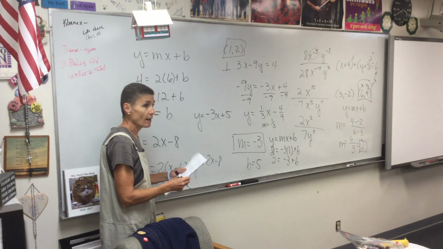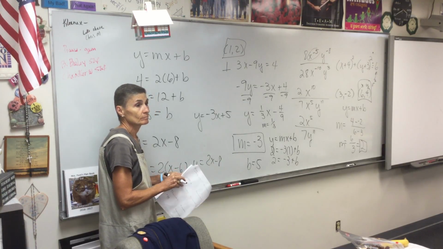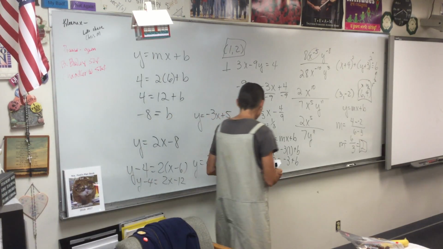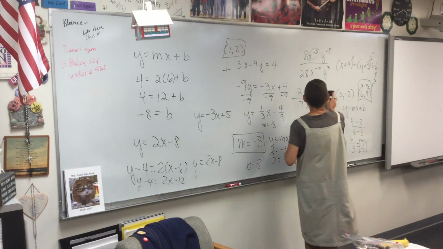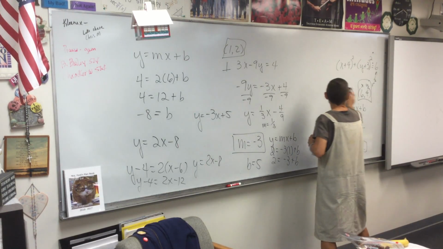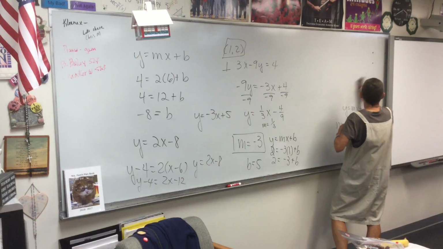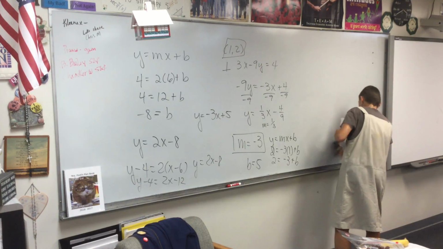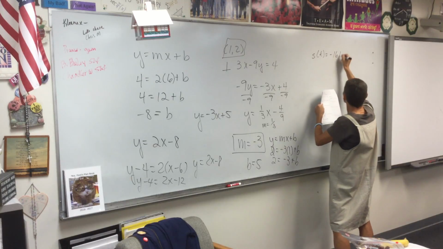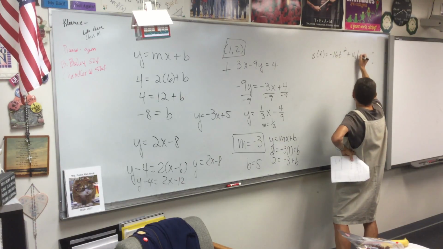Any question on that page? All right, one page to go and we're done. This is our ball problem, the ball up in the air, projectile motion. So our equation is this.